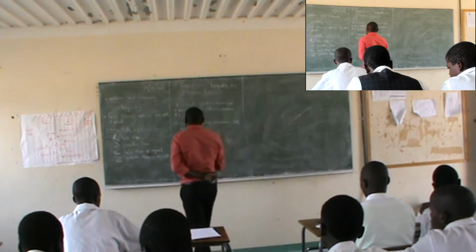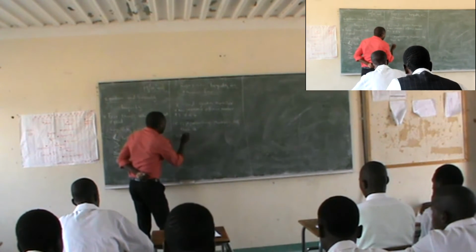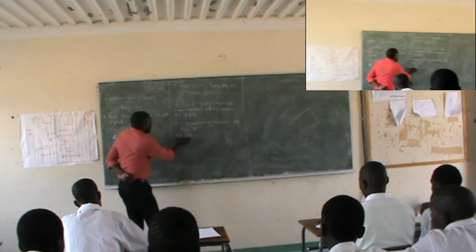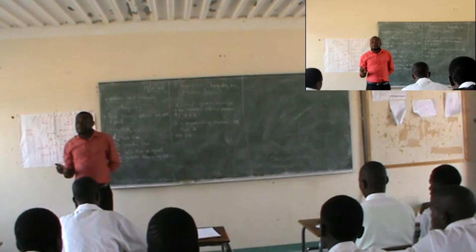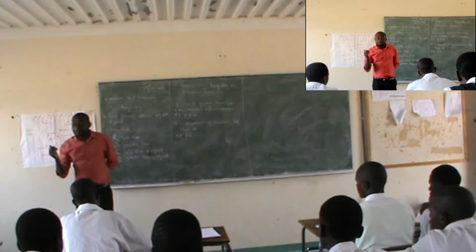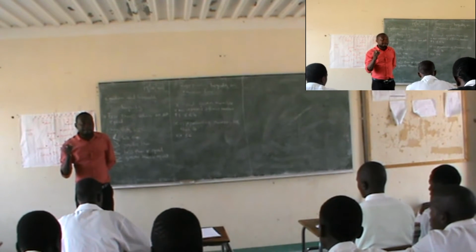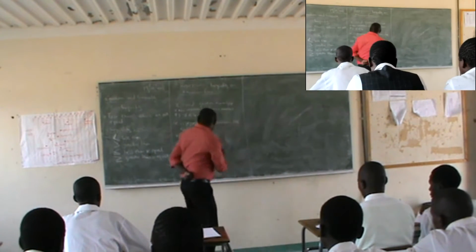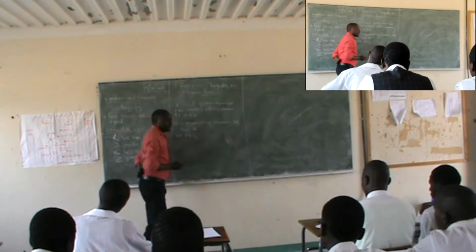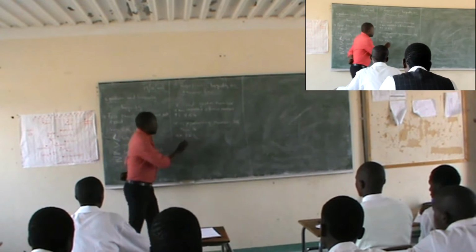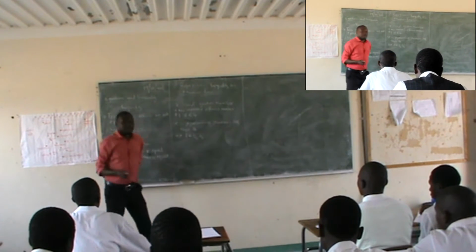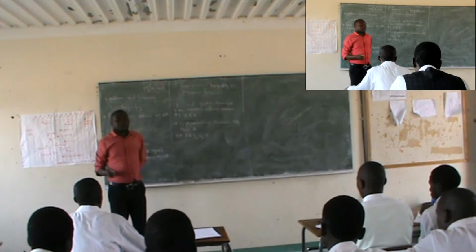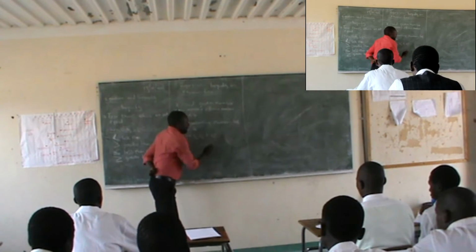If I ask you to list, can we try to list? x is equal to numbers less than 4. From 4, numbers less than 4: 3, 2, 1, 0.